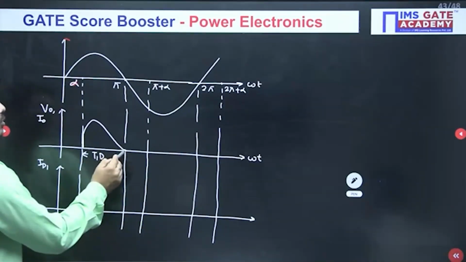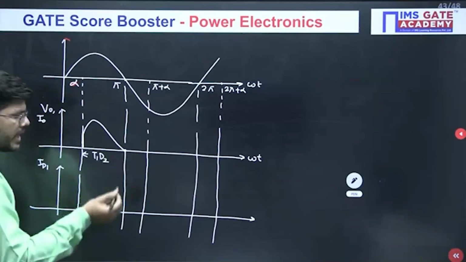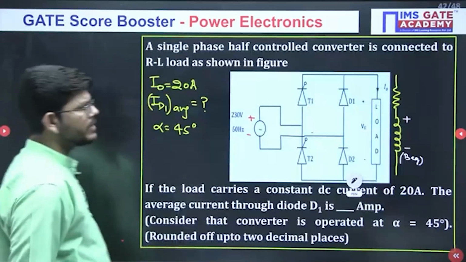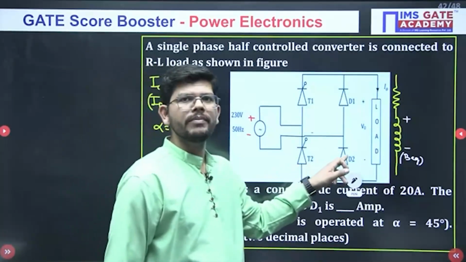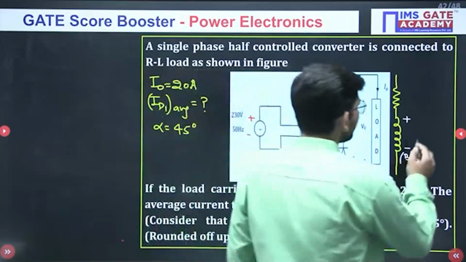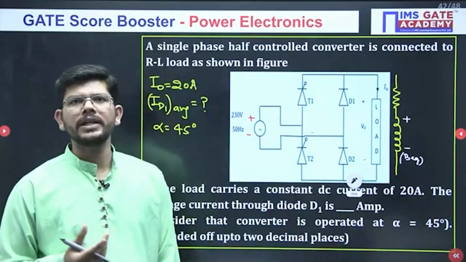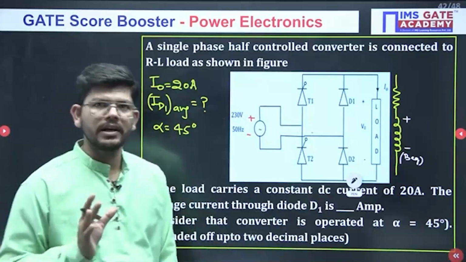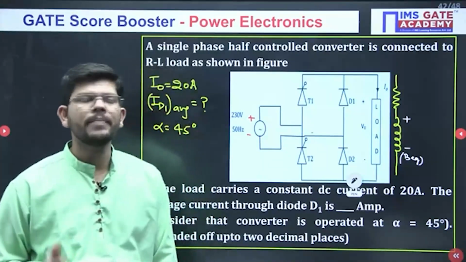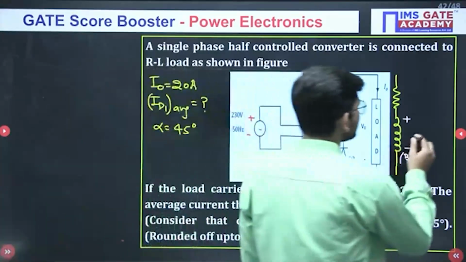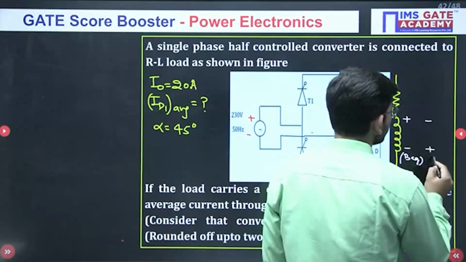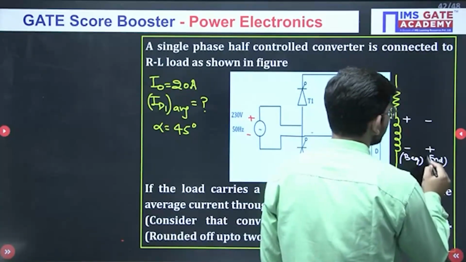When you reach up to this point, the negative cycle starts. When the negative cycle starts, D2 must become reverse biased. The inductor current should have become suddenly zero, but the inductor cannot resist, the current across it cannot change suddenly. So it will reverse its polarity. This will be the polarity at the end of the cycle.